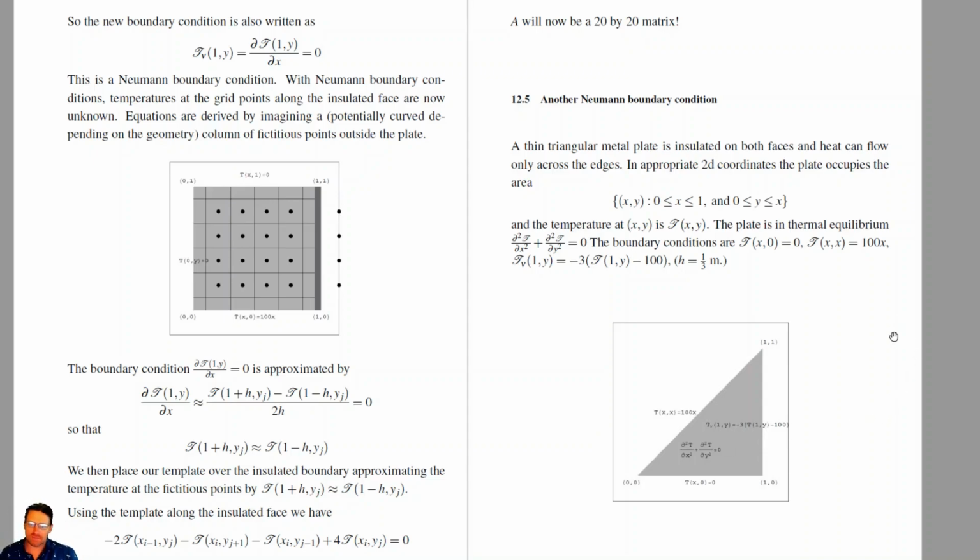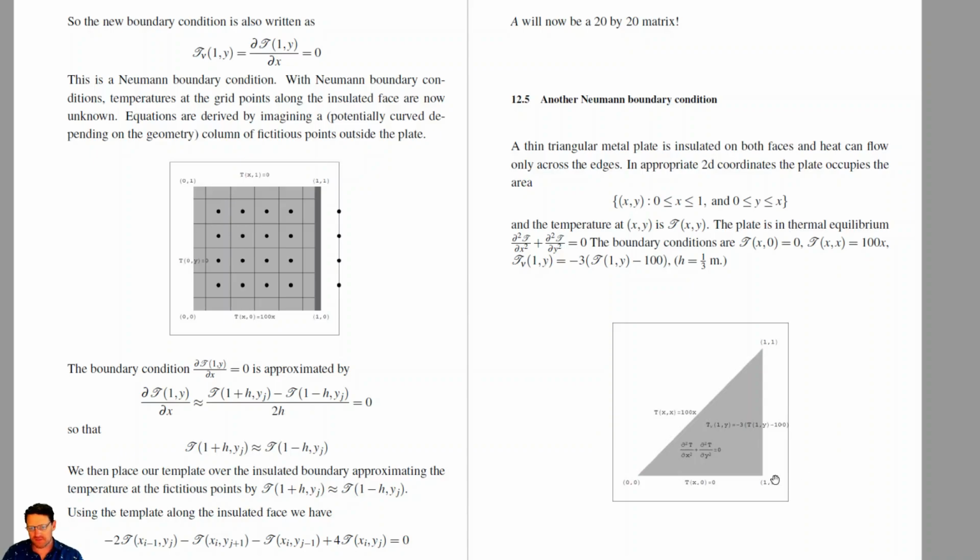Okay, so the plate's in thermal equilibrium, so it satisfies Laplace's equation. We've got the boundary conditions given as T(x, 0), so that's along the bottom, that's equal to 0. The temperature along the diagonal face is T(x, x) equals 100x, because remember y equals x along that side, so that's why we have x comma x.